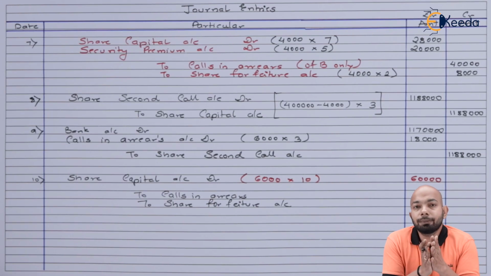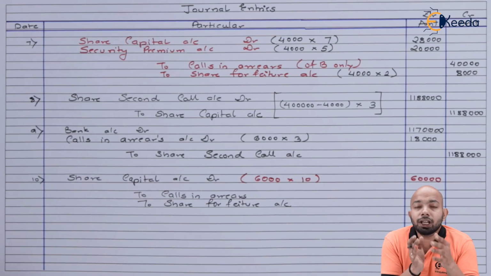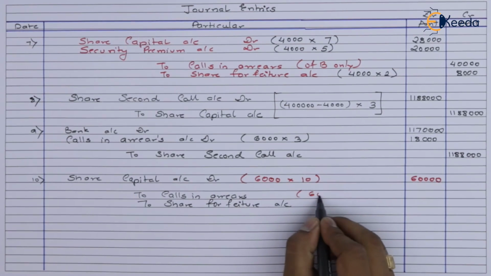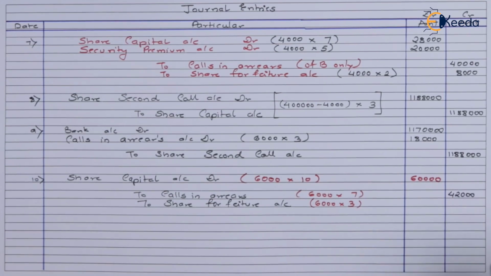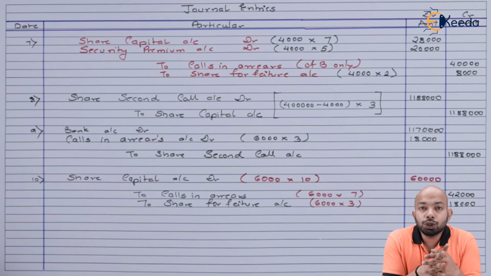So we have received only that much amount. So calls in arrears will be 6,000 multiplied by 7, and share forfeiture will be the amount that we have received here, that is 6,000 multiplied by 3. So with this, we mark the closure of the share forfeiture account for this specific illustration.